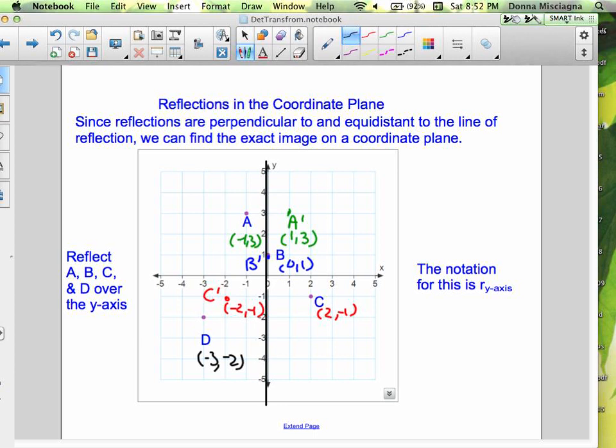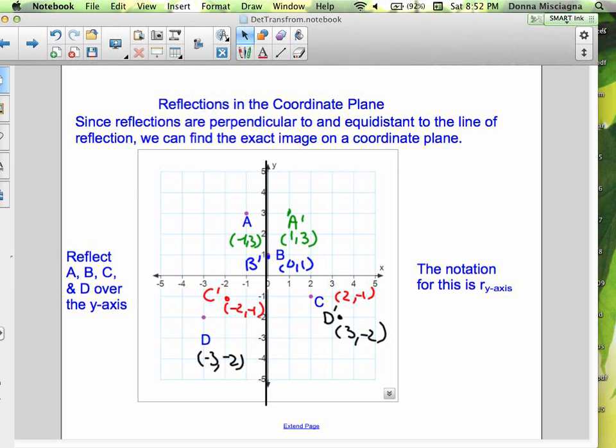D prime is at (+3, -2), right in the middle of my (2, -1). Let me move that out of the way. All right, so right here at (3, -2) is D prime, right?